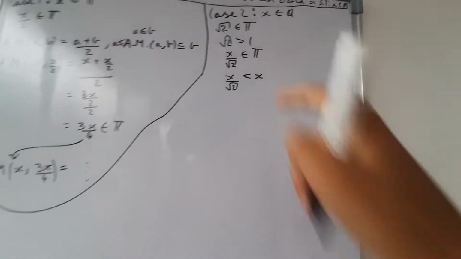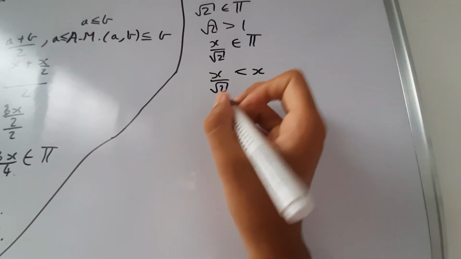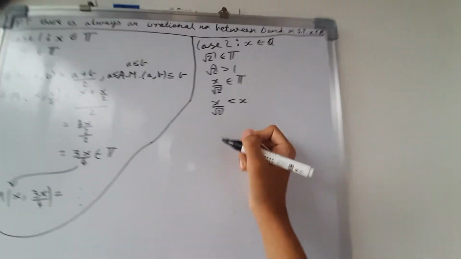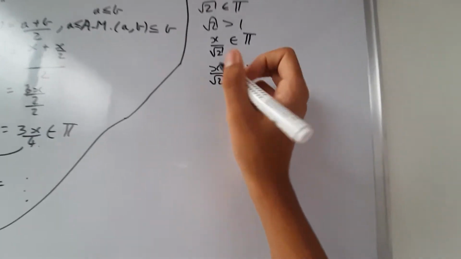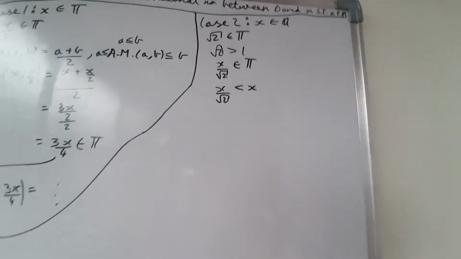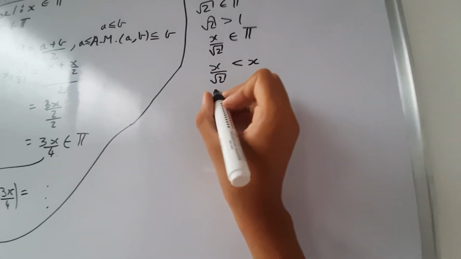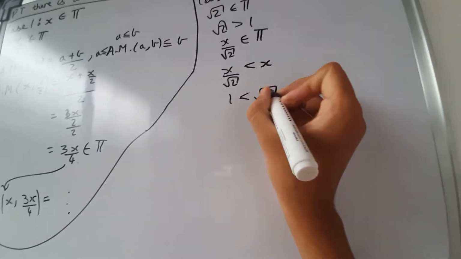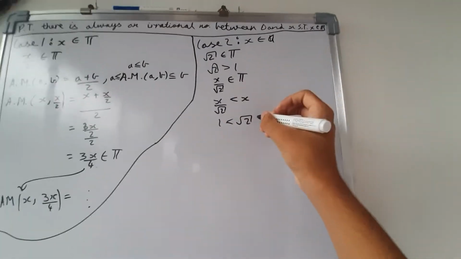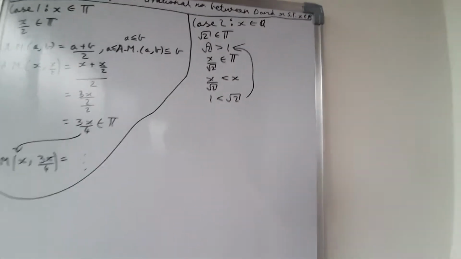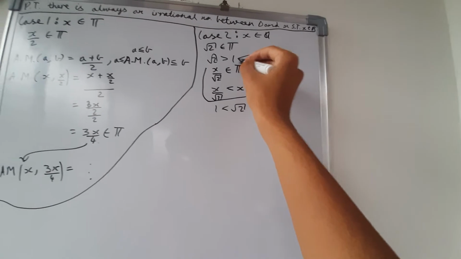We know that because if we divide both sides by x, and x is not 0 in this case, we get 1 is less than root 2, which is exactly this thing. So these two relations are important.